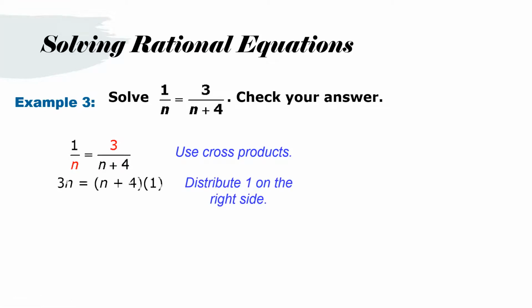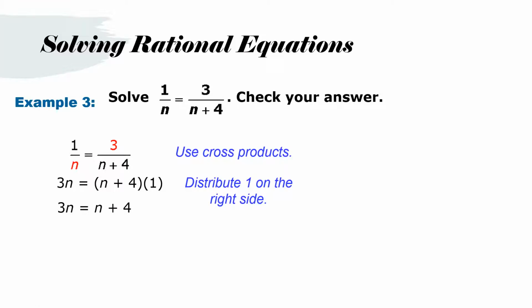So 3 times n is 3n. 1 times n plus 4. Then just distribute 1 to n plus 4.